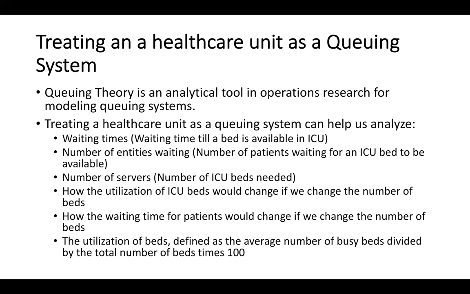We can calculate the average number of beds that have been utilized. So if I divide the number of beds that have been utilized by the total number of beds, that's how I can calculate the utilization of these beds. And as I said, those are the numbers that are important for analyzing the performance and productivity of a healthcare unit.